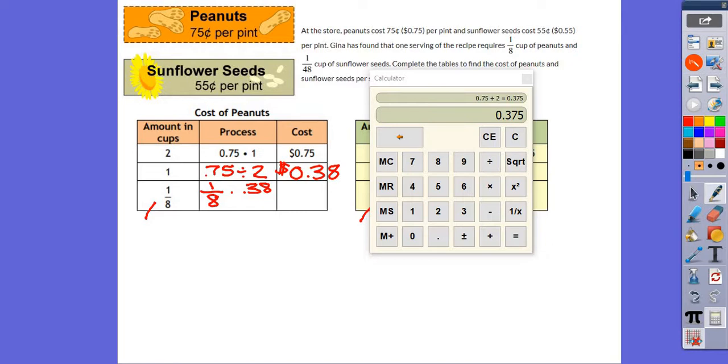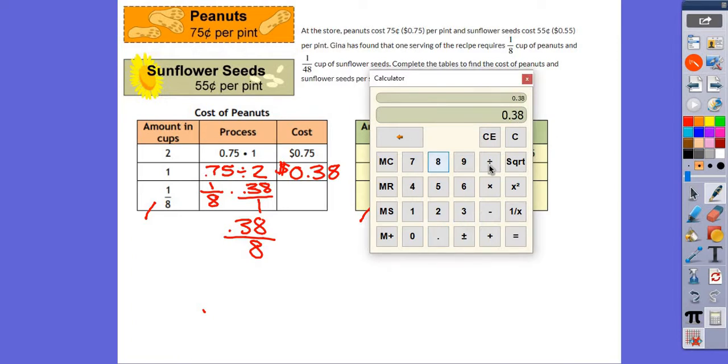I would put it over a 1. So I'm going to just pretend it's a whole number. 1 times 38 cents is 38 cents. 8 times 1 is 8. Then I just have a division problem, so I'm waiting to the end to do my rounding. Otherwise, I would have had to change 1/8 to a decimal, and that essentially rounds a number. So I don't want to do that yet.